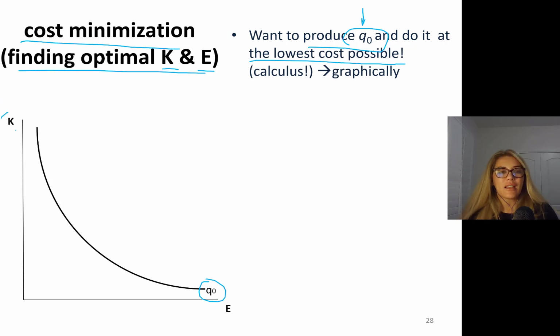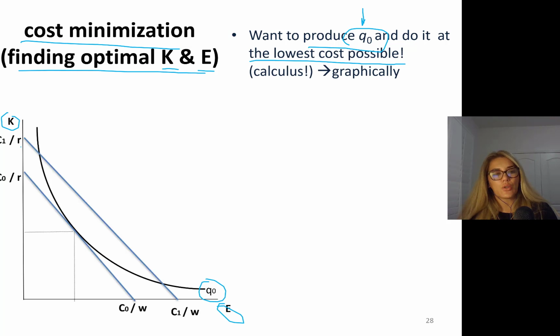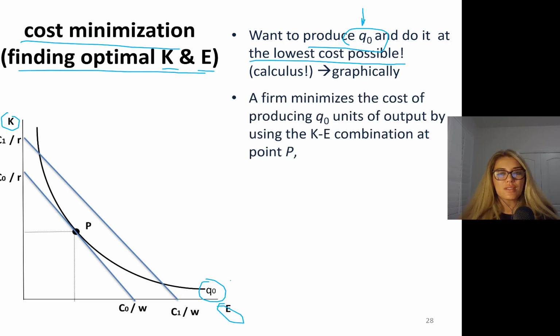So capital is here, employment is here. I have my isoquant. I'm trying to find the lowest isocost curve. I have isocost C0, this one, and I have this one. So I'm trying to find the lowest one, the one that's closest to the origin. You can produce this level of output, let this be 500 units of cars.